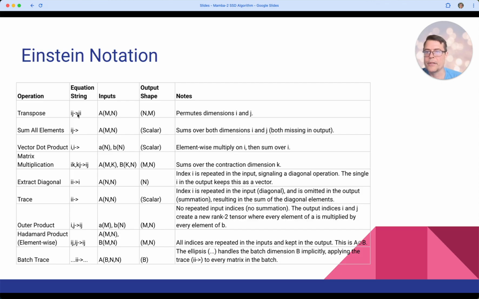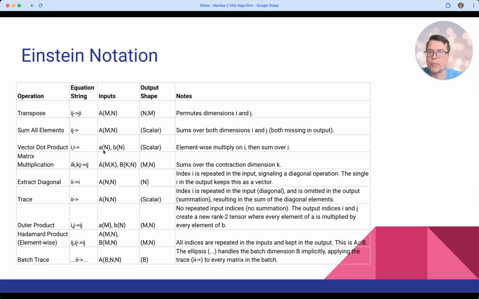This is an example of a transpose where you start with a matrix indexed by i and j, and you output, you kind of reverse the numbers. So if it's in the 3-2 position, it comes out in the 2-3 position. Here, this basically adds all the elements together. So you kind of go through each index, pull out each scalar, add them all together.